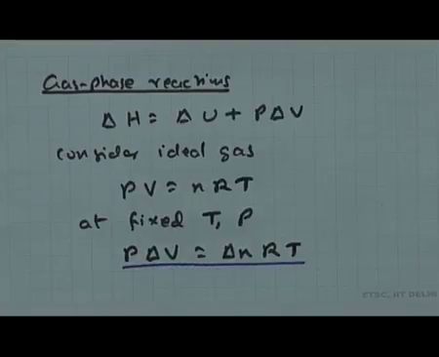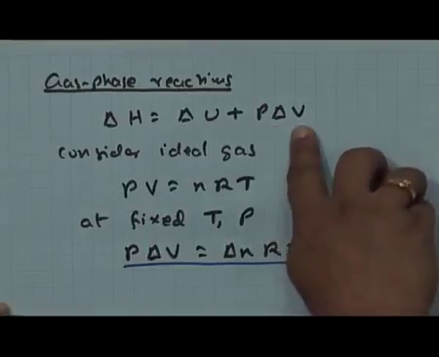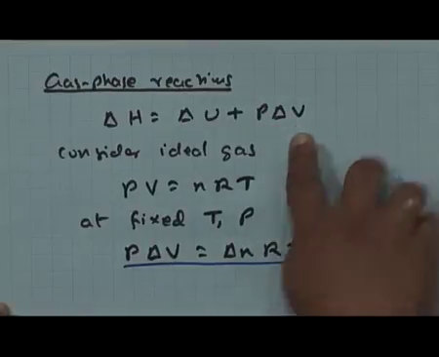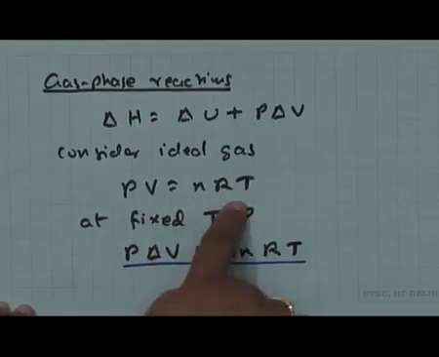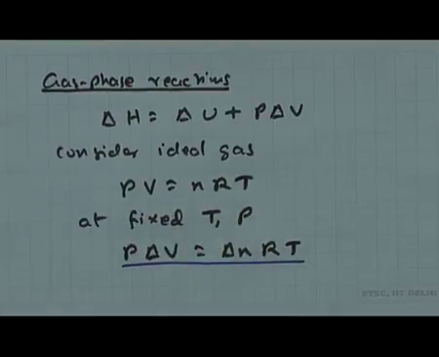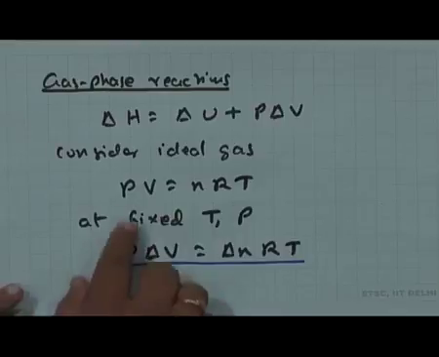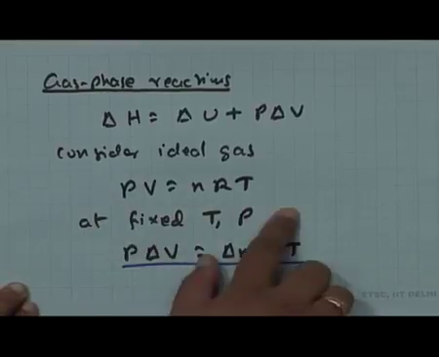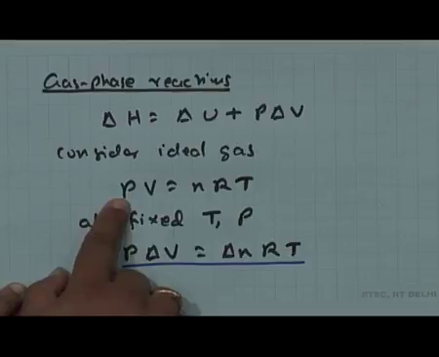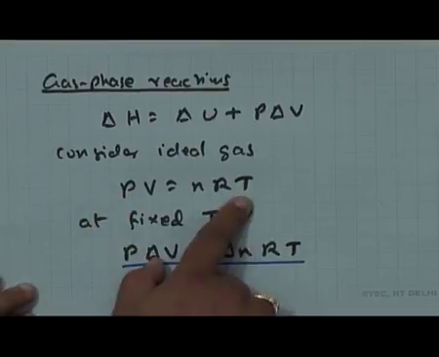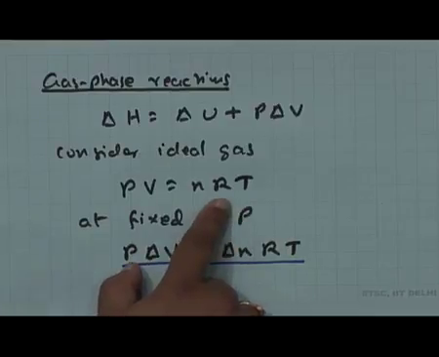See, it is very simple, right. I was looking at this P delta V factor out here. For ideal gas, P V is equal to nRT. Now, I have taken the conditions where my pressure is fixed and my temperature is also fixed. So, if I am looking at a change in this equation, P is not going to change because P is fixed, T is not going to change because T is fixed, R is a constant, it is not going to change, right.